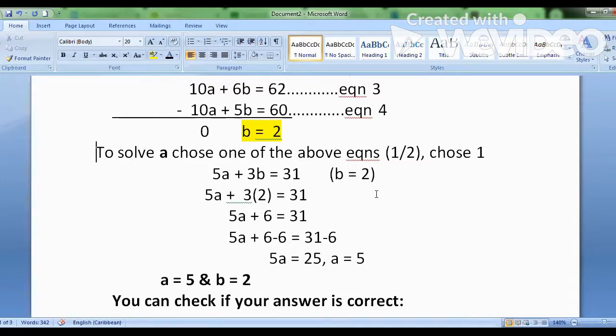The point I'm trying to bring across, why I keep saying we did it, is that algebra is a domino effect topic. A is connected to B, B is connected to C, and so on.